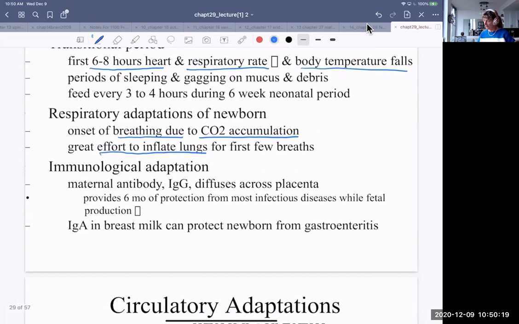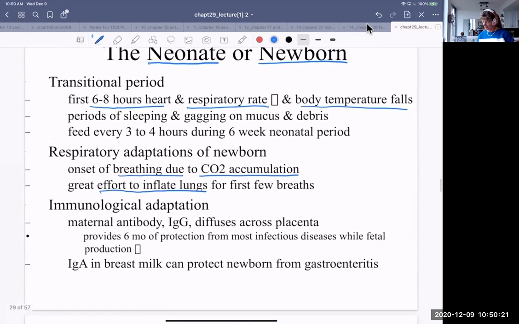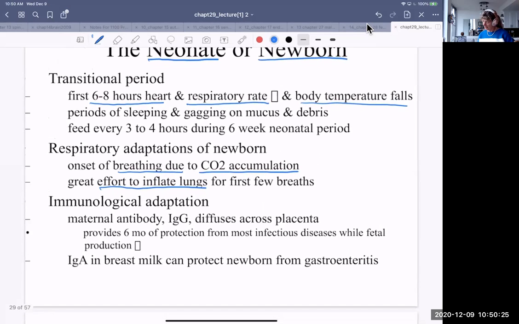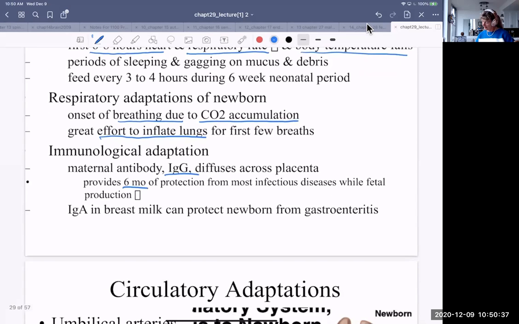Immunological adaptation. So immunity, of course, is very important in a newborn. At first, the antibody diffuses across the placenta, and that provides approximately 6 months of protection from infections while the fetal production is increasing.